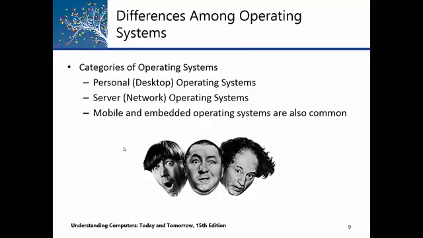The personal operating systems are basically ones that you'd use on a personal computer like a laptop or desktop. A server operating system is something that information technology professionals who manage big networks have to worry about.